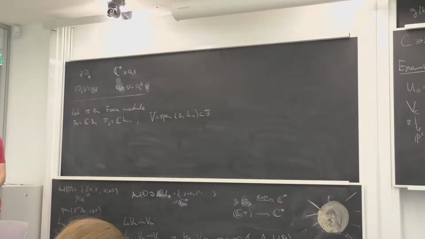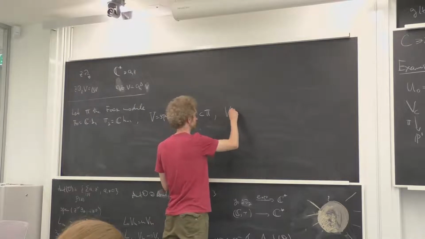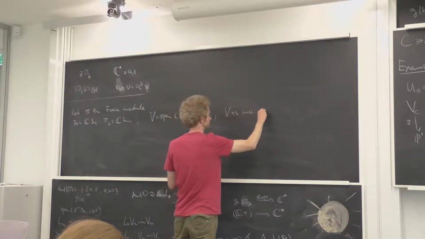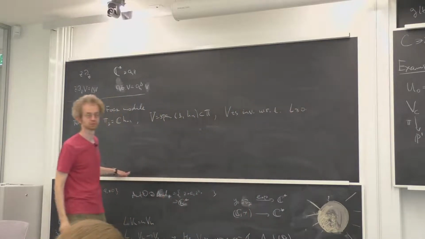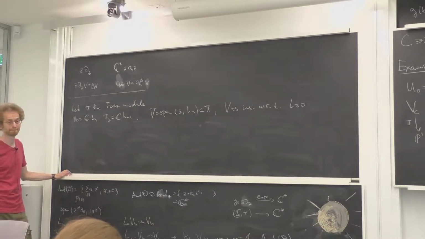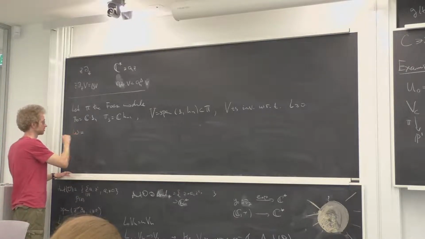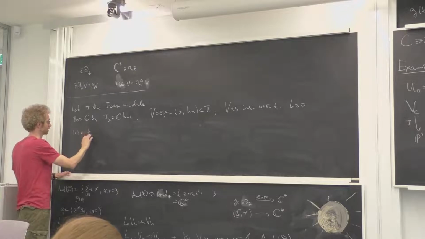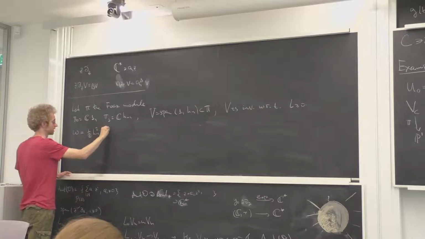Okay. So then this v is clearly invariant with respect to L greater or equal to 0. And let us take omega to be 1/2 h minus 1 squared plus lambda h minus 2.